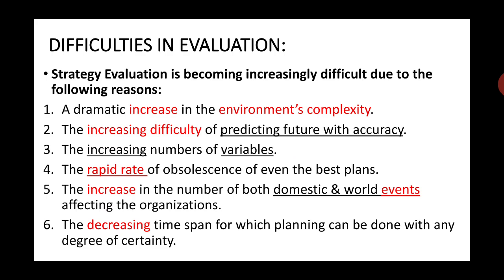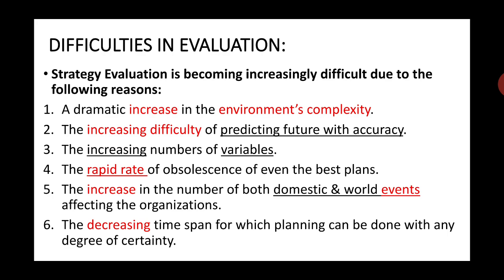Number 5 seems easy. Increase in the number of both domestic and international events affecting the organization. Increasing problems internally, or even if you are working in an international context, affecting the organization. A lot of problems are coming across, inside your country and even outside your country.